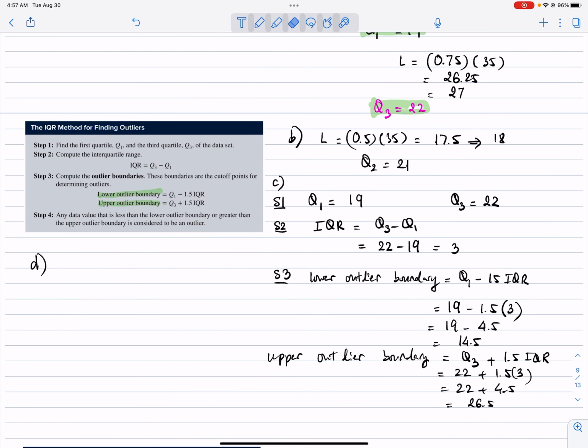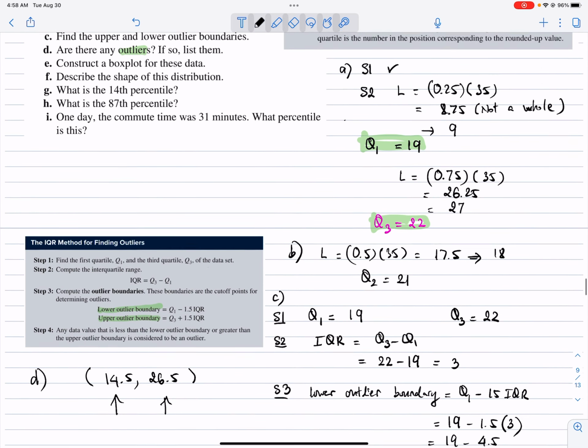So the outlier boundary in this case is the interval from 14.5 to 26.5, the lower and the upper that we just found in part C.